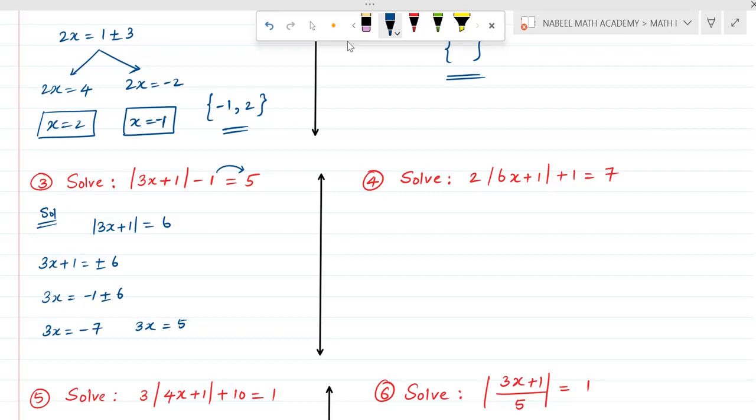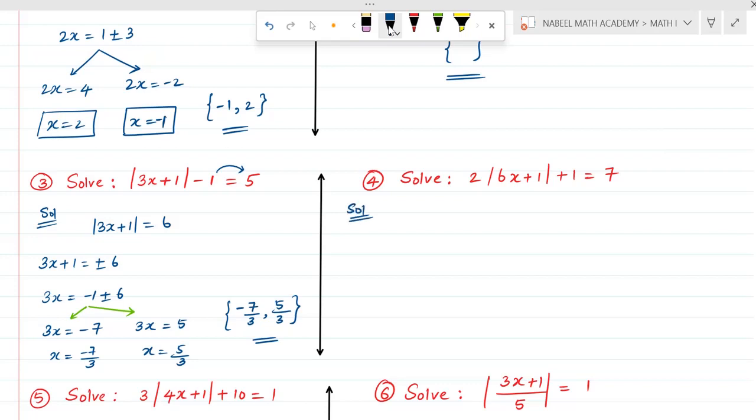If you add and subtract, you will get two solutions: 3x = -7 and 3x = 5. Simplifying, x = -7/3 and x = 5/3. Therefore, the solution set is -7/3, 5/3. That's it.